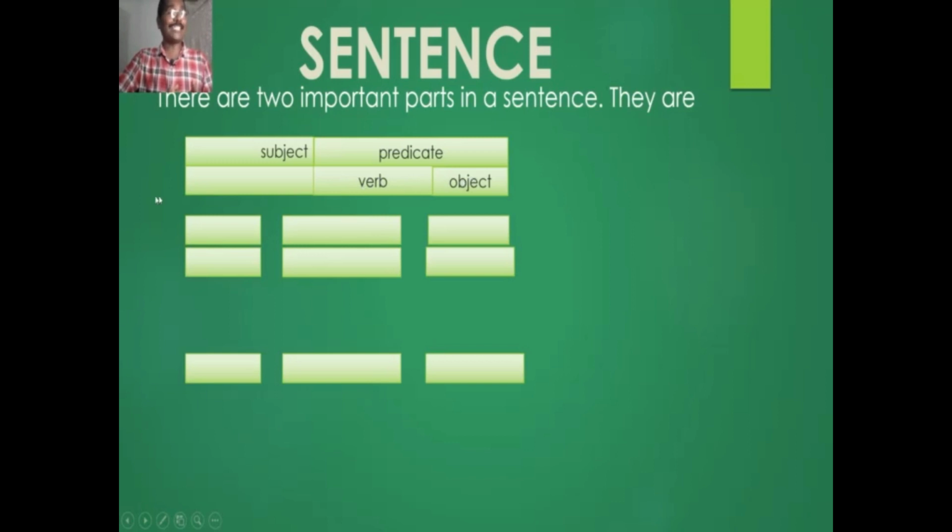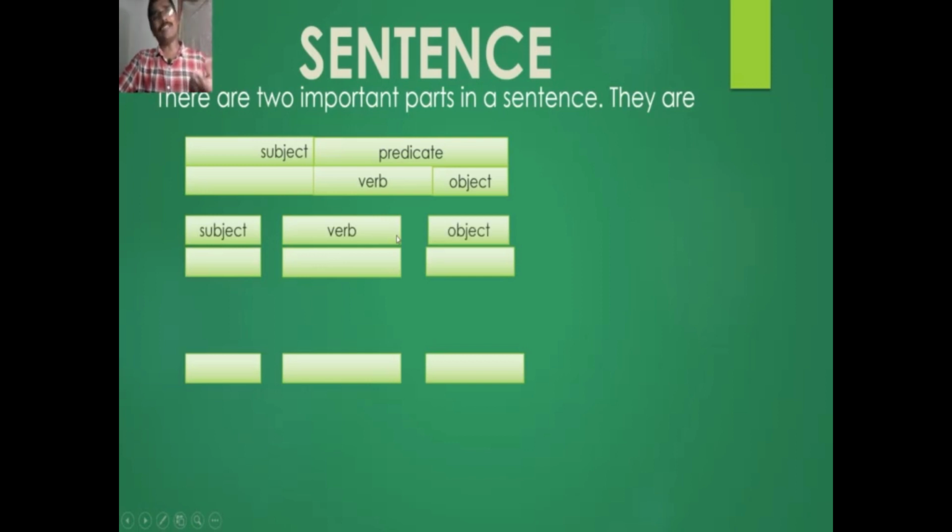Verb and object together are called the predicate. Now there are three parts in a sentence. Basically there are only two parts, but we say sentence structure means subject, verb, object. You must remember this. Subject, verb, object.